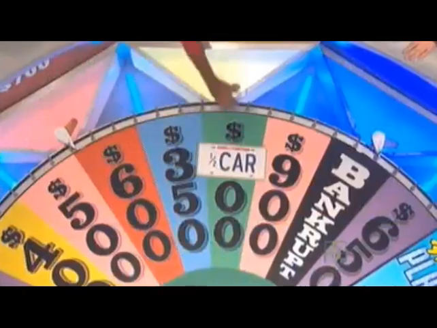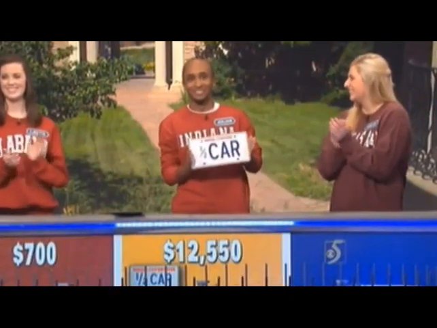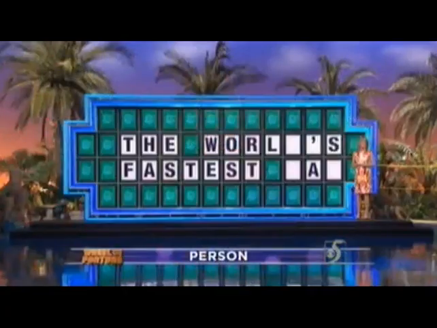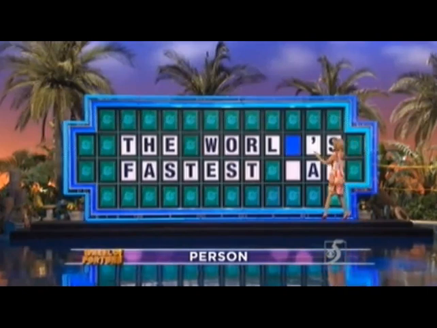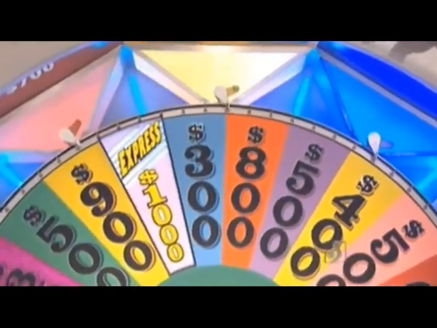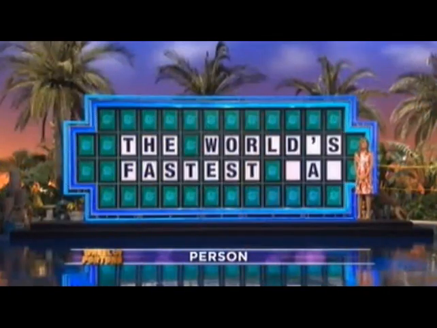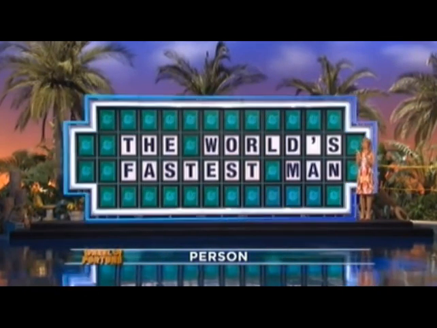Wow. L. There's an L. Pick it up. You got both halves. 450. D. Yeah, there's a D. 300. C. Can I solve? Shelby? Yeah. The world's fastest man. Yeah, that's it. We've had a couple of interesting ones.